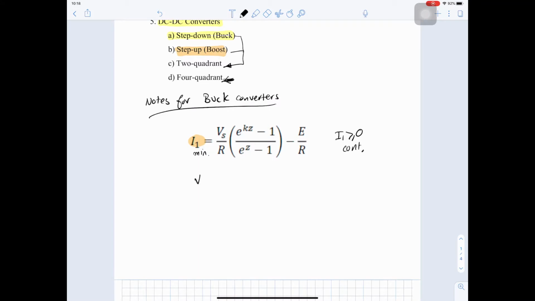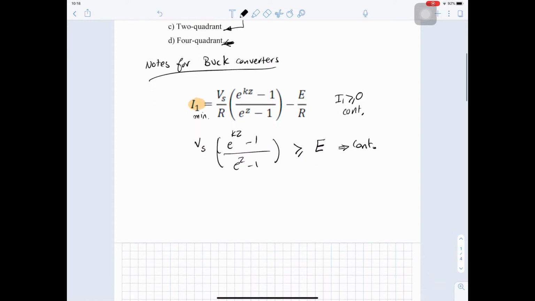We can write this as Vs multiplied by (e^(kz) minus 1) divided by (e^z minus 1) is greater than or equal to E. If this condition is true, we have a continuous operation. So as you can see, this is a condition for continuity, that this part is greater than this part.